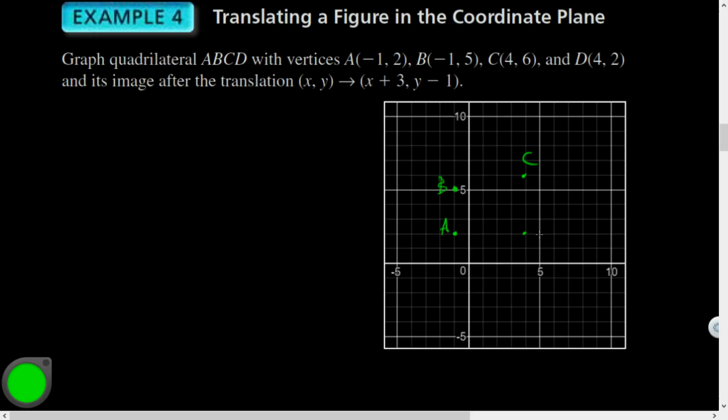Ooh, I think I could make some claims about the figure. Yeah, it looks like 2 sides are parallel, 2 sides are not. So what type of quadrilateral do you guys think? These look parallel.